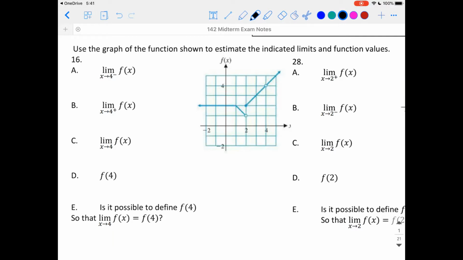So part A is the limit of the function. Here this graph represents a function. It passes the vertical line test from your previous math days. And we want to know what the limit of it is as x comes to 4 from the left-hand side, again, because of that negative.